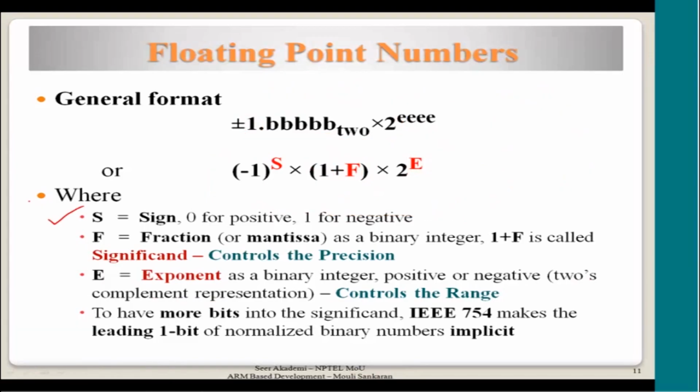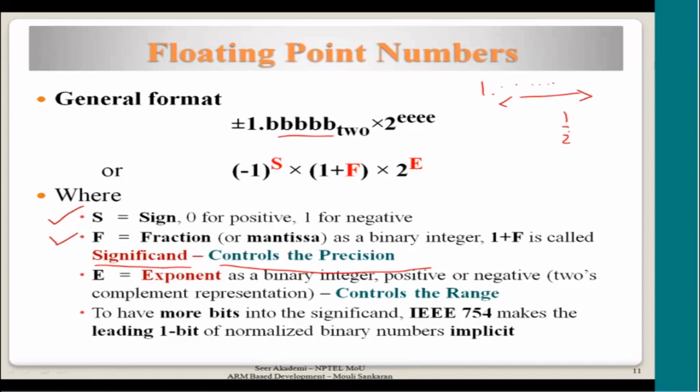So S is a sign bit, F is a fractional part which is called the significand. The number of bits that I give you represents the precision, how precise my numbers are. If I give you more digits to represent here, I am increasing the precision of the value that you can represent.